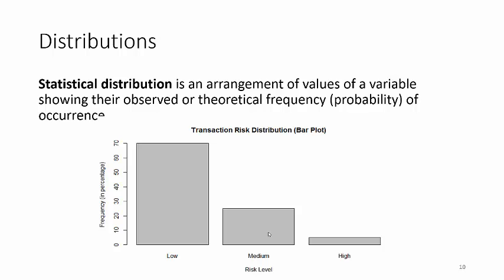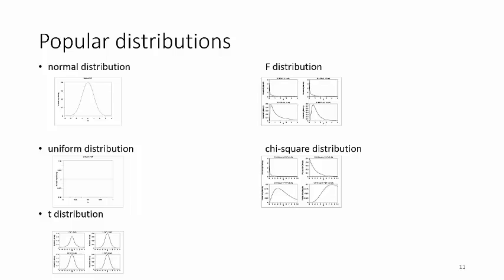So we will talk about them later. There are a large number of popular distributions used in statistical applications, for example, the normal distribution, uniform distribution, t-distribution, f-distribution, and chi-square distribution, and we will talk about some of them in the future.